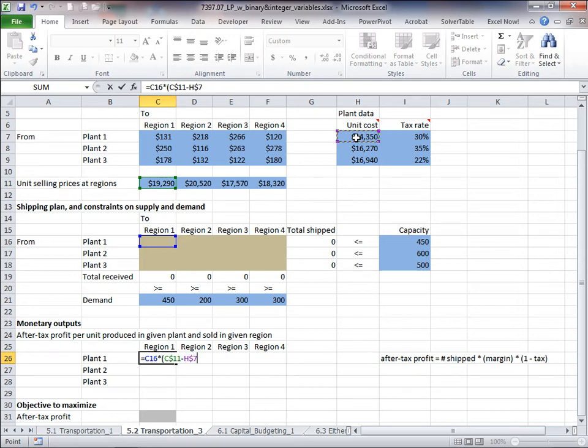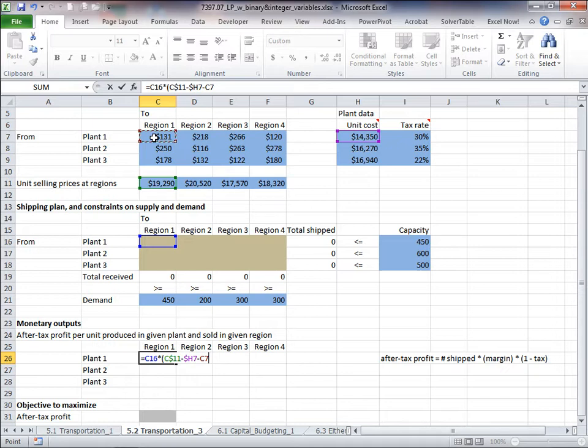So if I do this, that will fix the column, but as I go down, it'll pick up the cost of production, right? But it should be okay to come across because I've fixed the column. Minus the transportation cost, and this is going to vary in both ways, both directions, right?